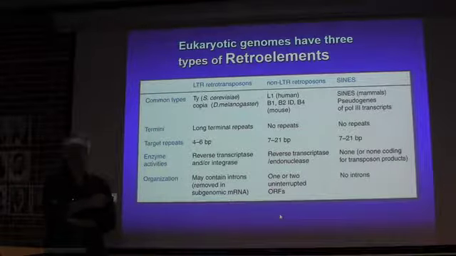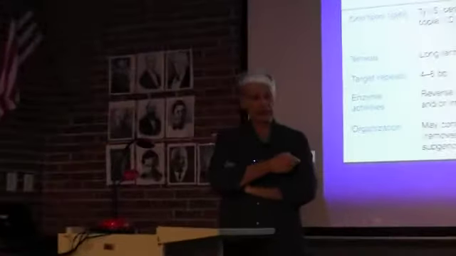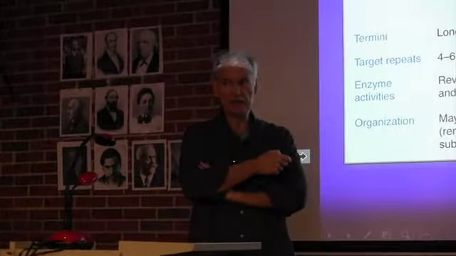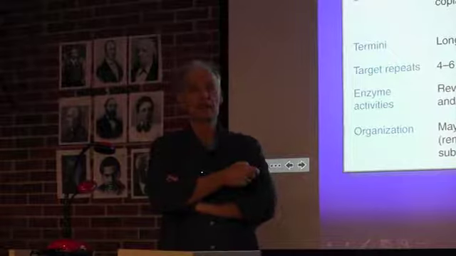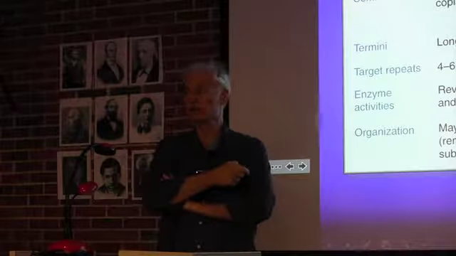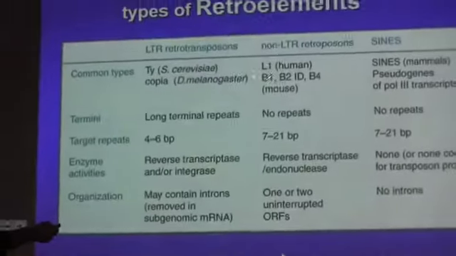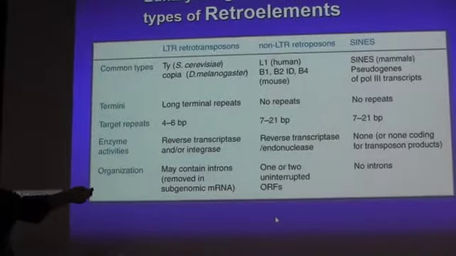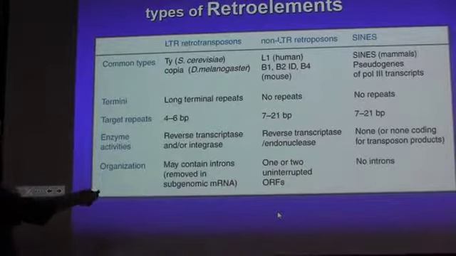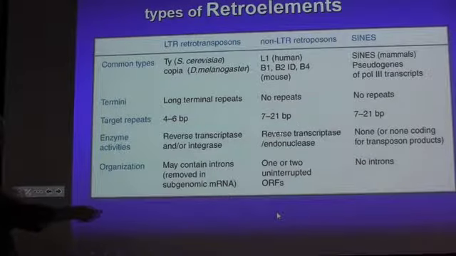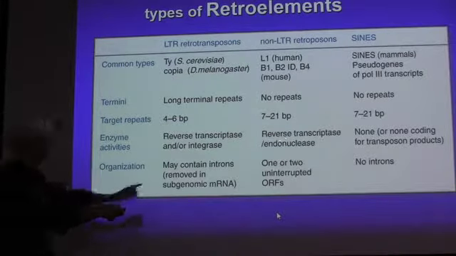It's like, can't remember the percentage, it's like 8% or something crazy of mice. These things are jumping around in the mouse genome still. L1 is the one in humans. They do not have the LTRs, but they have target repeats, reverse transcriptase, and an endonuclease.